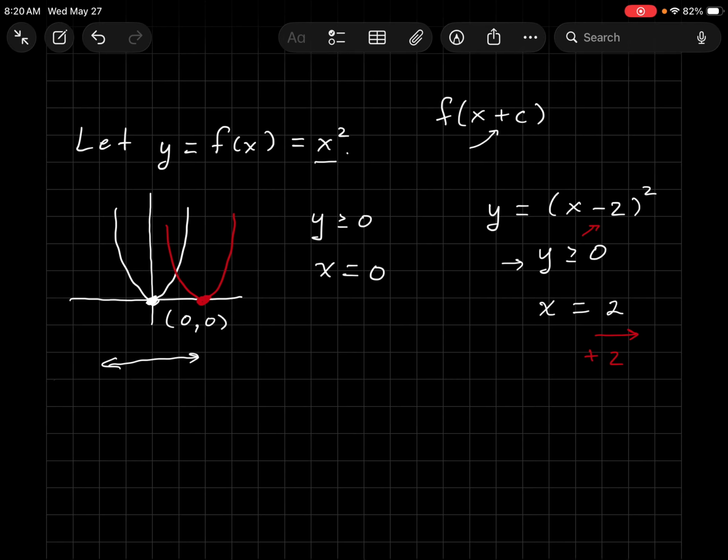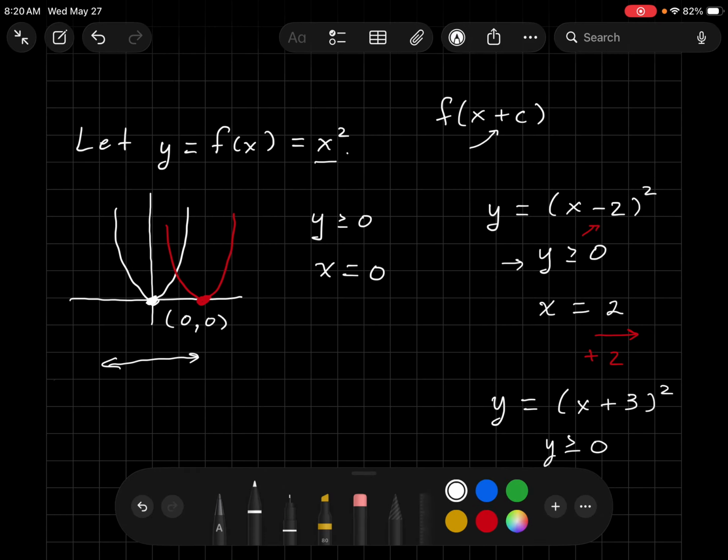Let's take a look at another one here. Let's consider y equals x plus 3, squared. Anything squared means our y's will be non-negative. The very lowest value of y will be 0. And we want to find what value of x makes our lowest point, our vertex if you would, or our minimum, at y equals 0. I bet you've already figured it out.